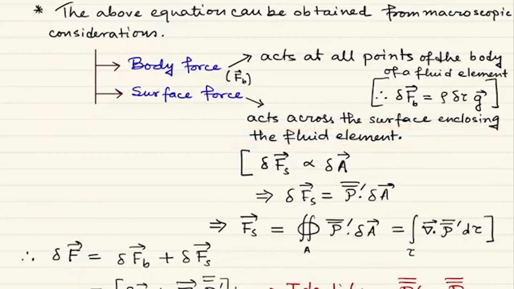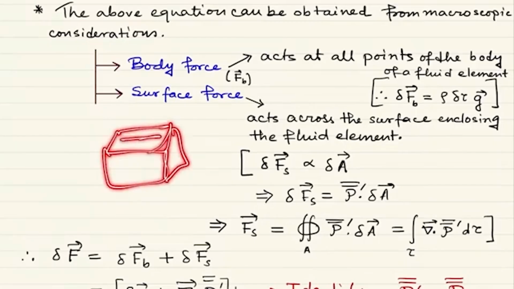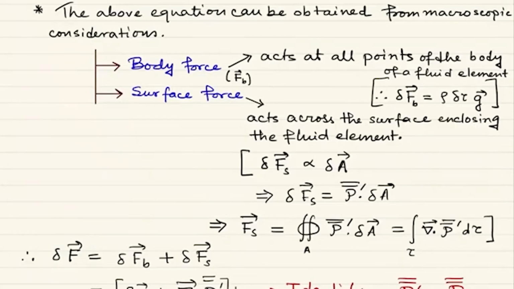So for body force, this acts at every point of the volume of the fluid element, and surface force acts across the surface enclosing it. The small incremental surface force delta F_s should be expected to be proportional to the incremental area, some small area delta A.